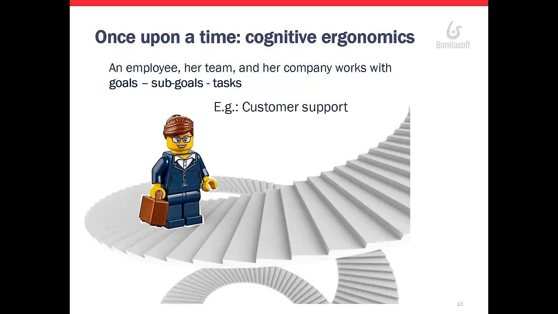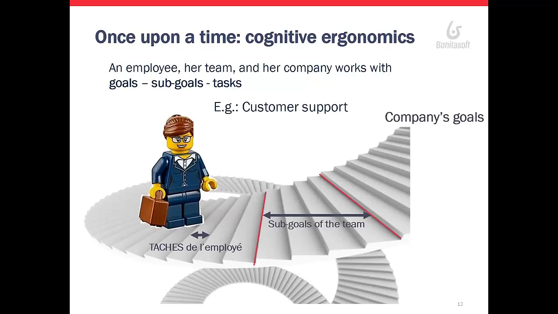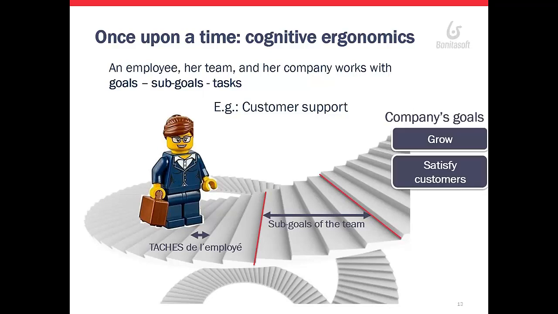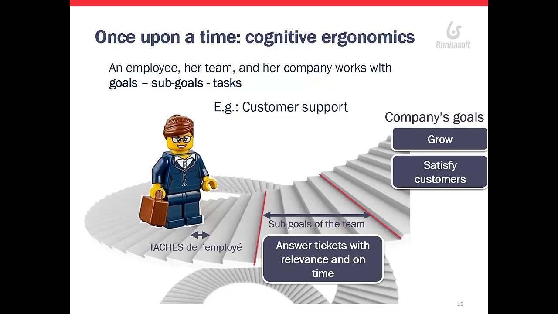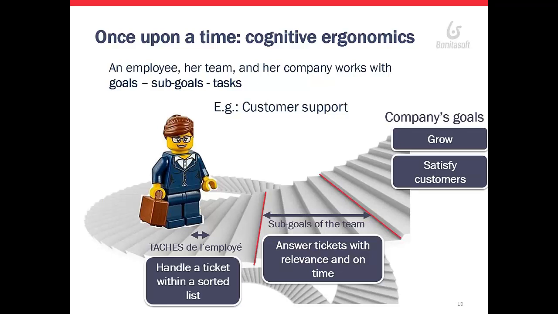So let's take another example, for example, the customer support team. The company has goals, then the team has also goals and sub-goals, and then the employees have tasks, or it's not translated. So the goal of the company is to grow and to satisfy customers. Right, that's pretty basic. Now the team, the customer support team, needs to answer tickets with relevance and on time. And for the employee, what it means is that he needs to handle a ticket within a sorted list.